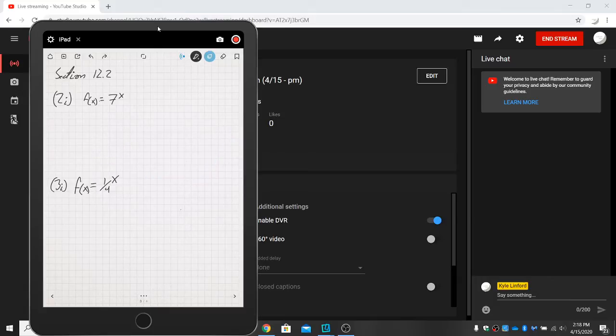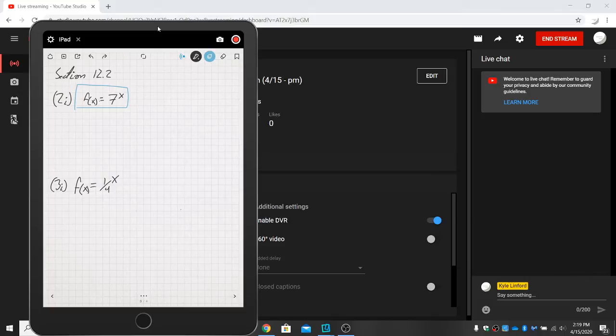So what we need to do here, when we look at a function like this, we want to know, is this an exponential growth or an exponential decay? Meaning, does its graph increase as x increases, or does it decrease as x increases? So let's take a look here.